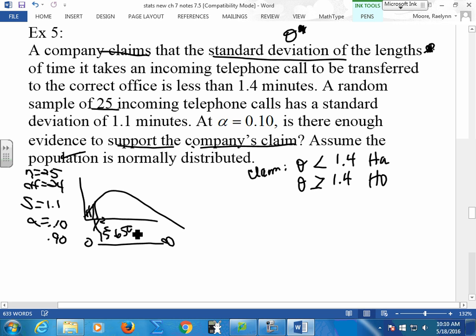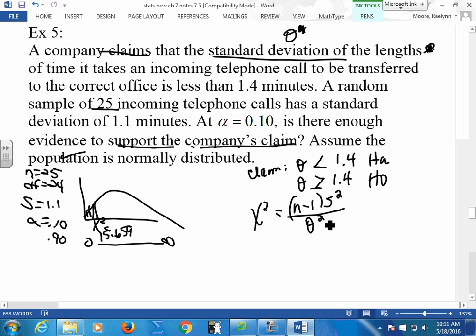Everybody get this? Okay? Good, thank you. So now, we test. We have to use the chi-square test that we used before. So we say n-1, there's your degrees of freedom, over the sample standard deviation squared and the population standard deviation squared. I just have to pay attention.